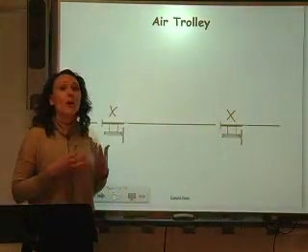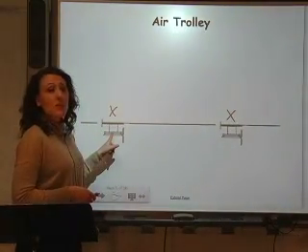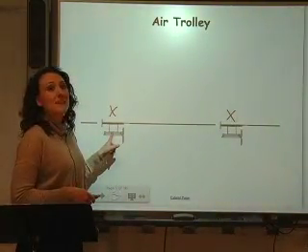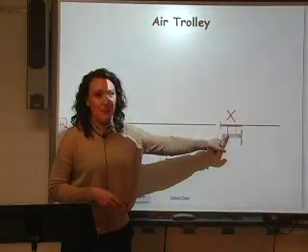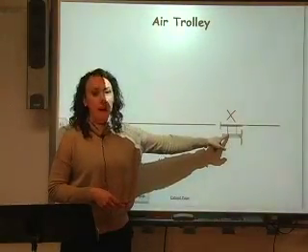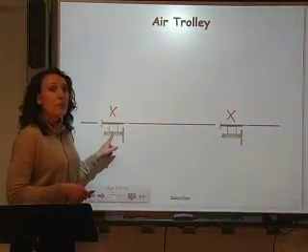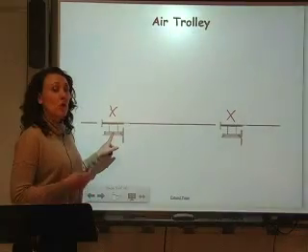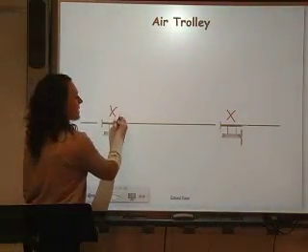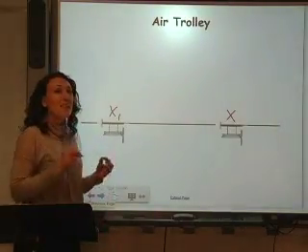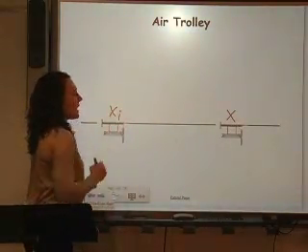It is important to know these two terms. An object's starting position is called its initial position. An object's ending position is called its final position. To represent its starting position, or its initial position, scientists use the symbol x with a subscript, which means it's written a little bit lower than the x, subscript i.